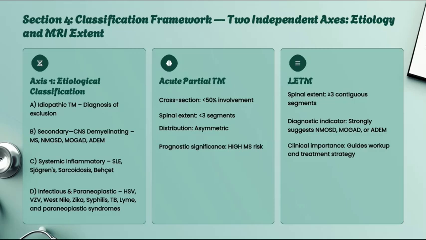By contrast, longitudinally extensive transverse myelitis, or LETM, refers to lesions spanning 3 or more contiguous vertebral segments. This pattern strongly suggests alternative diagnoses such as NMOSD, MOGAD, or occasionally ADEM. MRI morphology therefore becomes a major diagnostic discriminator.